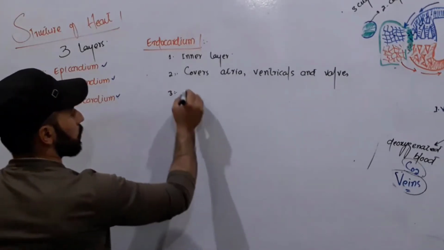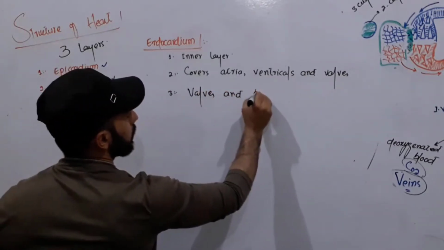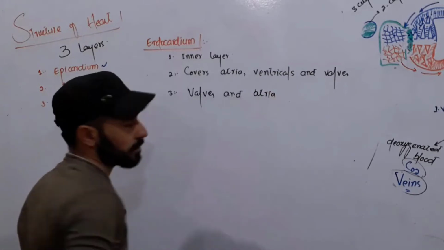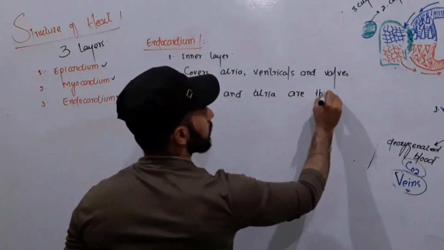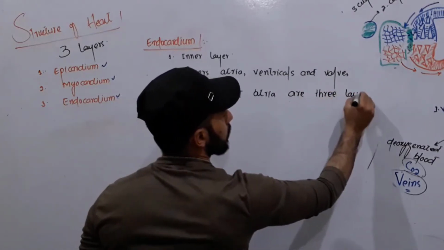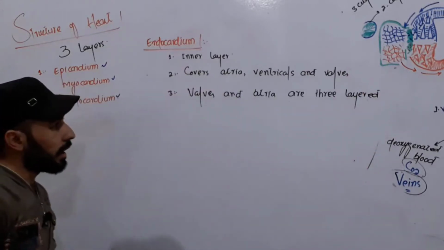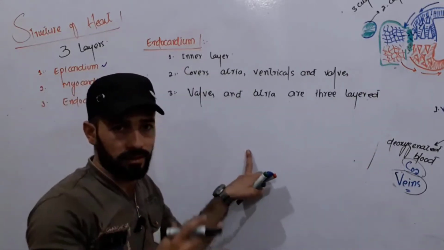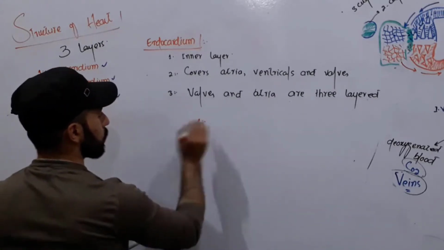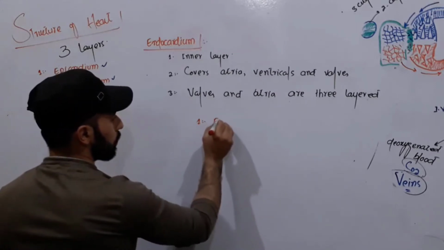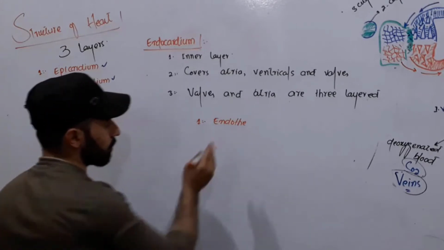Right? The third important point is that valves and atria are three-layered, and ventricles are five-layered. What are those layers? The first one is the endothelium, inner or vascular endothelium.